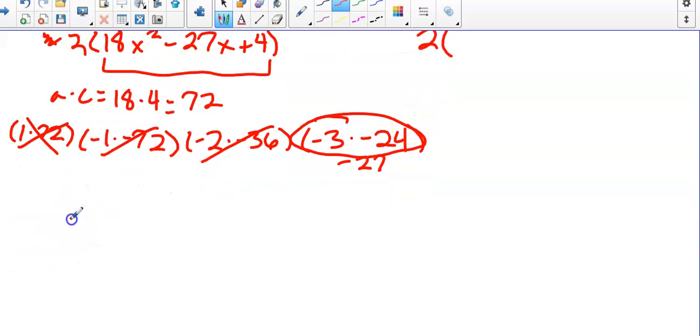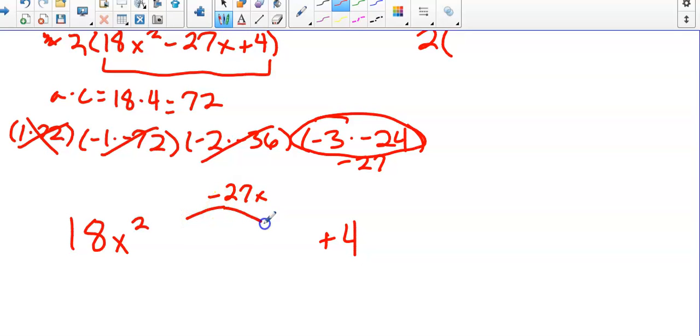I'm going to keep my 18x squared and my plus 4. And now I'm going to rewrite the negative 27x using these 2 factors. So I have negative 3 and negative 24, so that's going to be negative 3x and negative 24x.